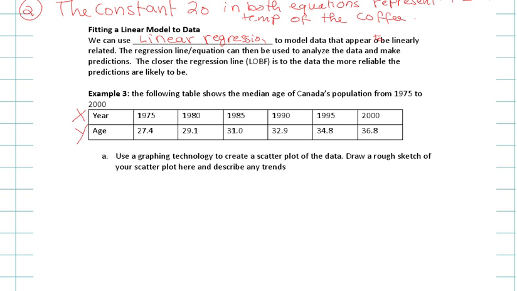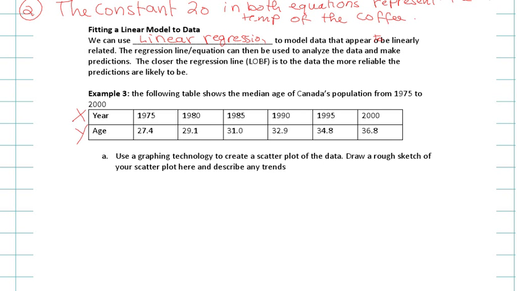You want to change them so 1975 is your year 0, and 1980 is your year 5, no, 5, because you're going up by 5, right? And this is your year 10. Usually the question will ask you to do so, to use scale, to put 1975 as year 0. In this case, it doesn't ask us, so I am going to leave it as is.